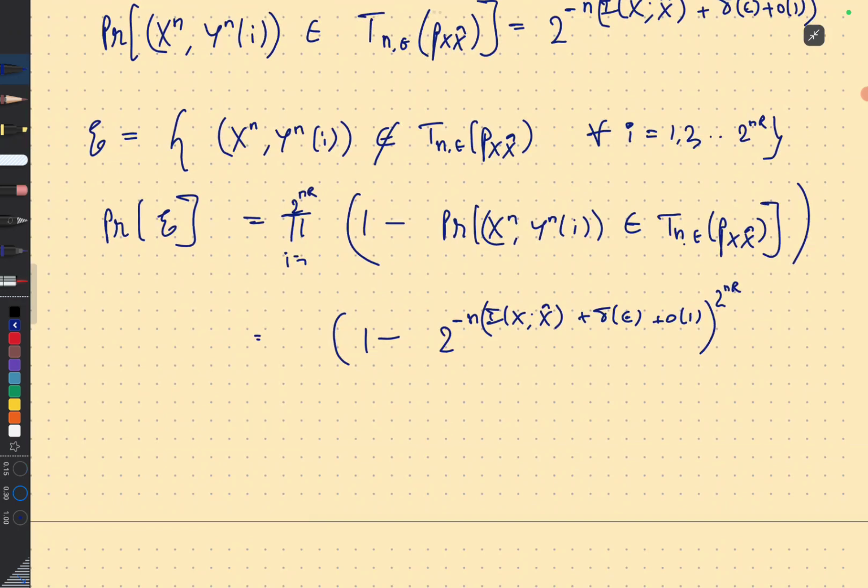I independently randomly generated a code book, the source randomly generated a source sequence and gave it to me. And now I want to know, for my randomly generated codebook and that randomly generated source sequence, what is the probability that there is no sequence that I have generated which is jointly typical with that source sequence?